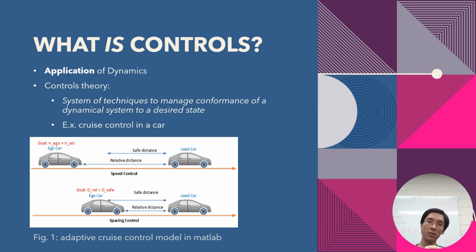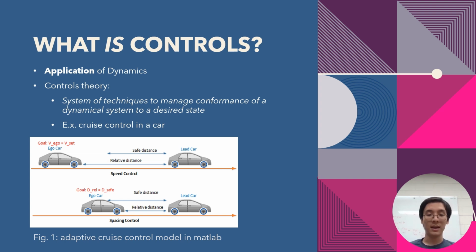And when you go too slow, it increases the engine speed and you speed up. So basically, it keeps you at a given speed by varying the engine RPM. Controls theory is the formal way of mathematically quantifying what that engine speed has to be in order to achieve and maintain a certain speed given disturbances such as going up and down a hill.